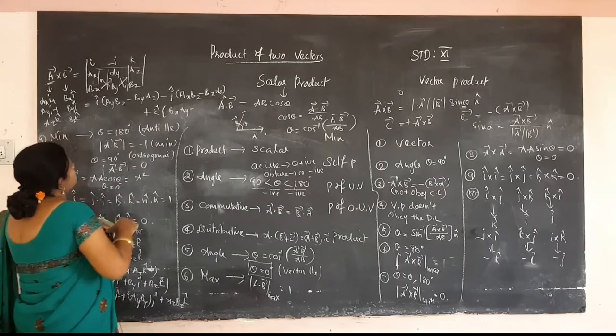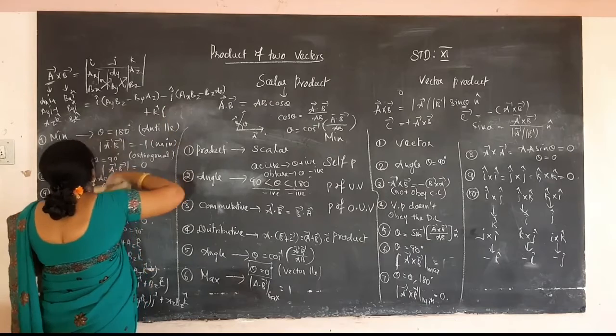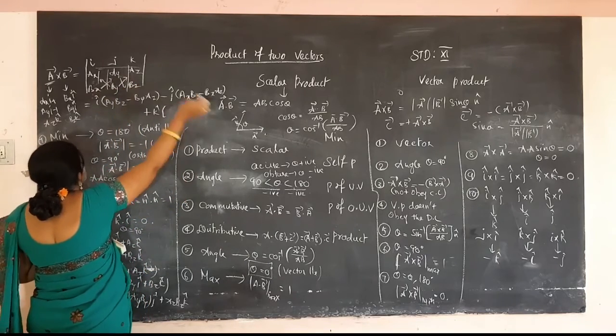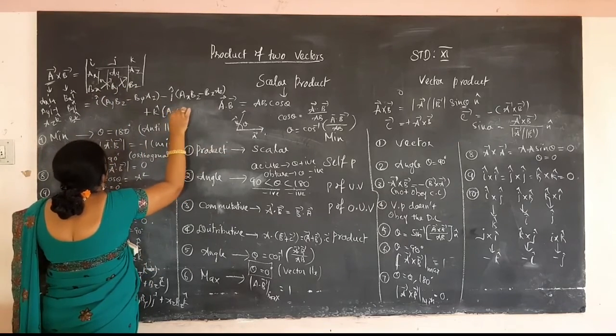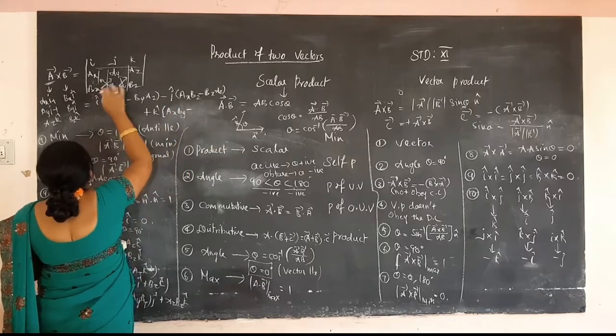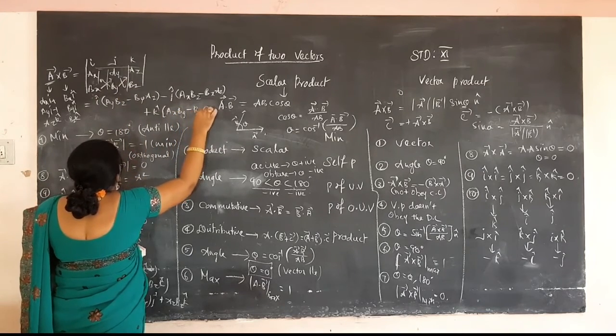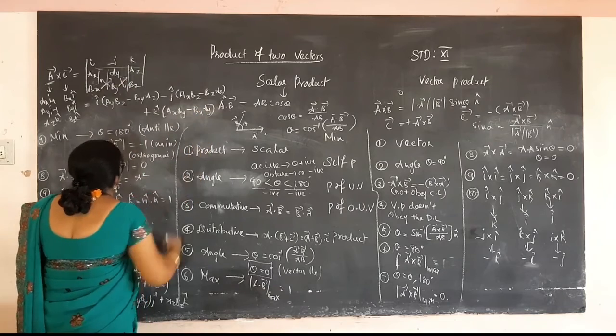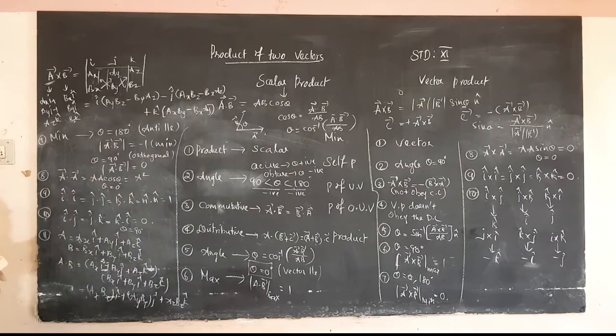Sorry, first you should write this term, ax into by minus bx into ay. This is the way you have to multiply the vector product of two vectors.